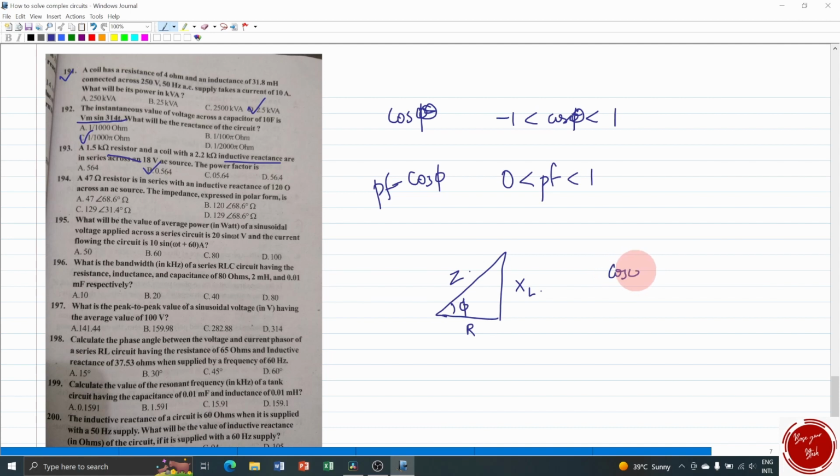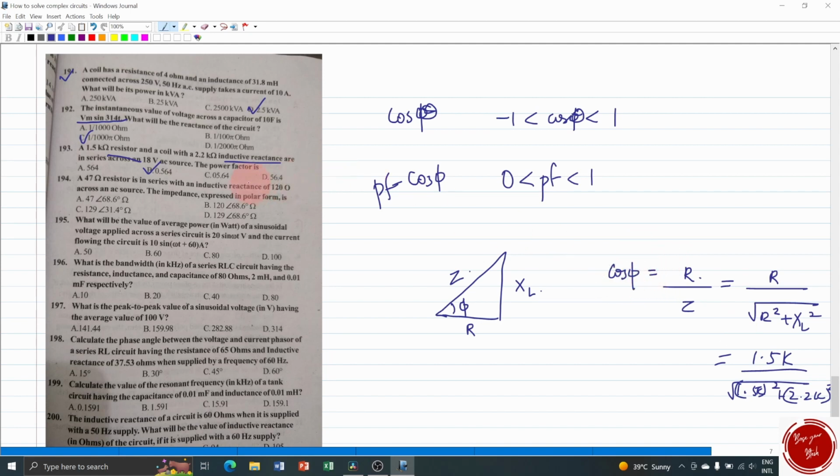So cos phi is the adjacent side divided by the hypotenuse, and the hypotenuse you get by the Pythagoras rule, that is Z is equal to root of R square plus XL square. For this question, R is directly given as 1.5 K, and XL is 2.2 K, squared.